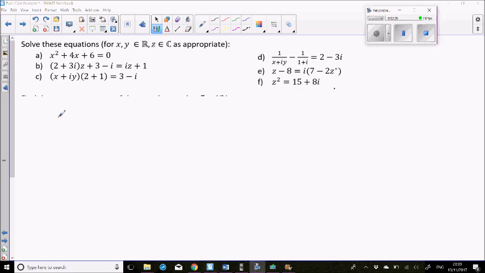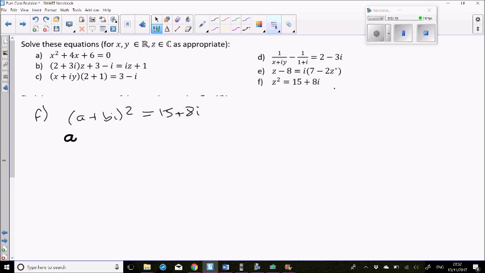F is one which gives us the technique for finding square roots of complex numbers. So here we're going to replace z with a plus bi, and it's just the same as many of our other equations.